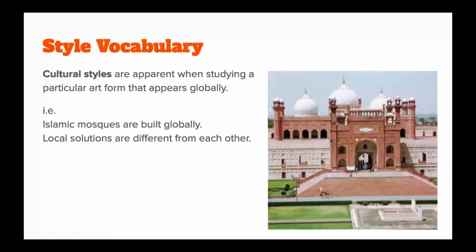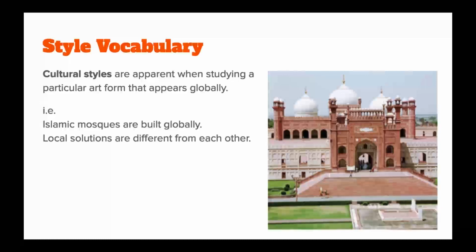Cultural styles are basically differences when it comes to describing the same thing. Objects can be described differently. Another way to say it is that different cultures can describe the same thing in different ways.